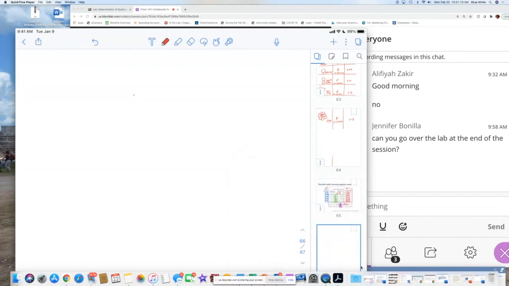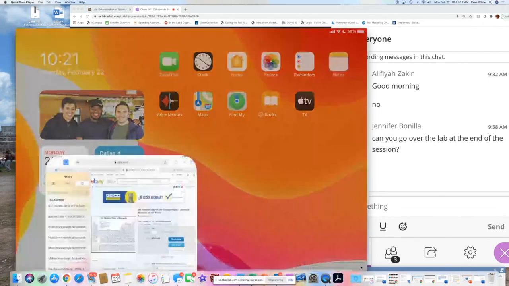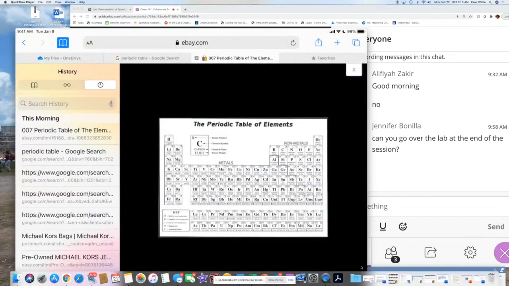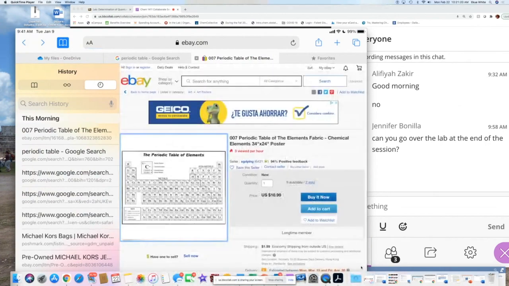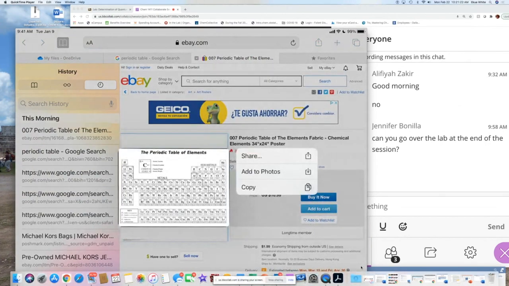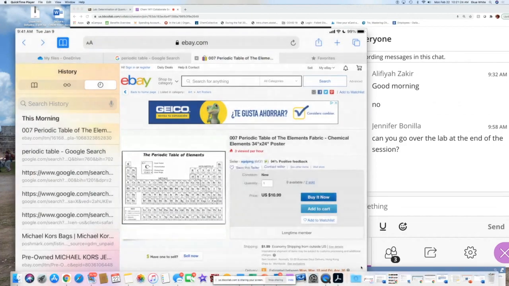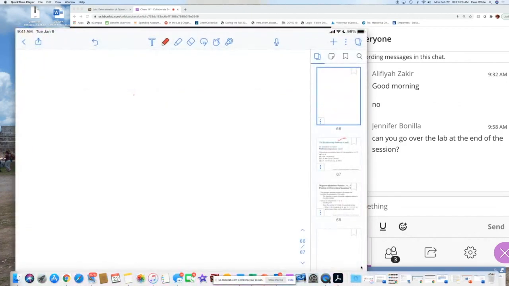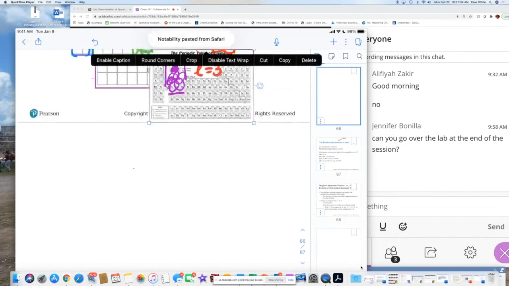Let me try it again. Copy. I refuse to pay money for that. Okay, copy, go over here, add a page. Will it not let me paste the image?